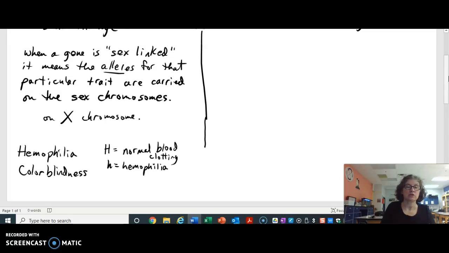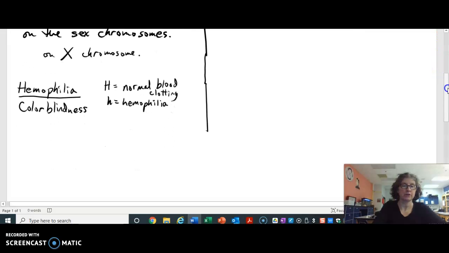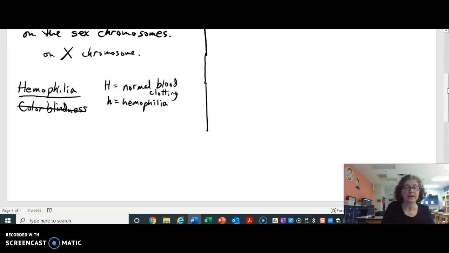I'm just using hemophilia as my main example here. So what happens is you still have two alleles that could control that trait, but now for example, a man. Just to give a quick example here, so we won't worry about color blindness for now. Just an example of a hemophiliac and of the hemophiliac alleles and how they might be on these chromosomes.